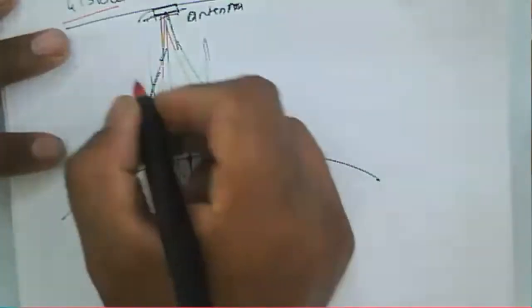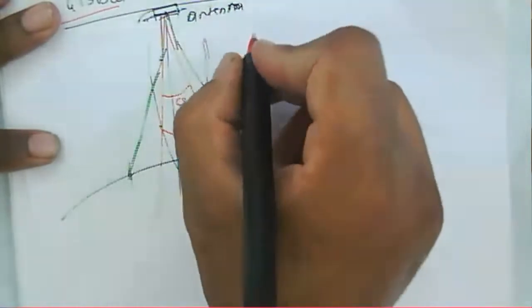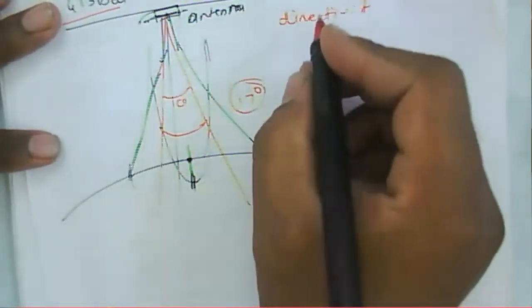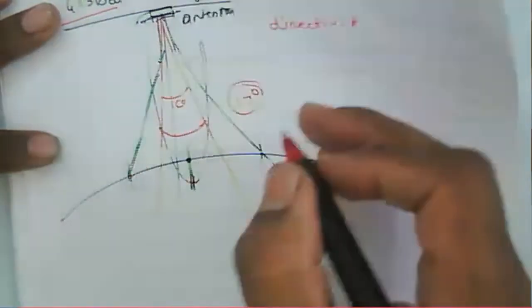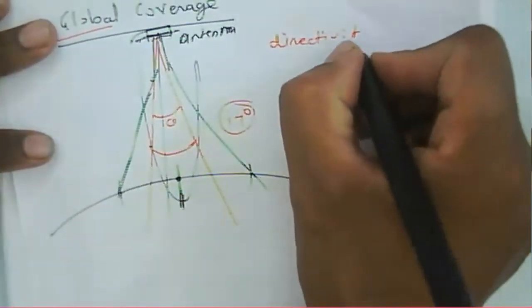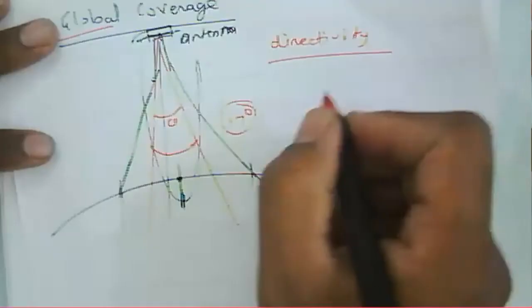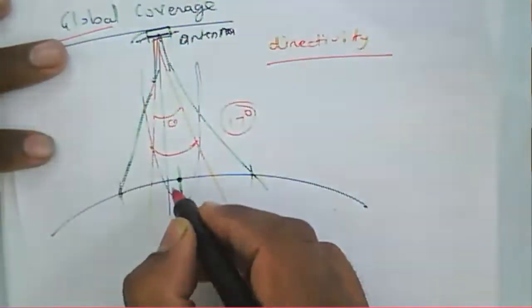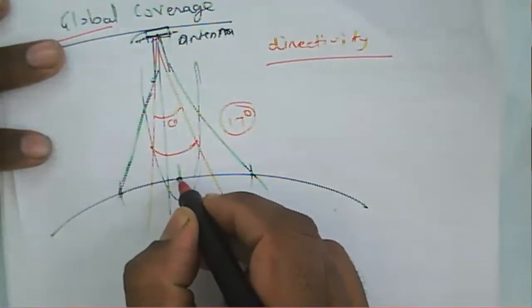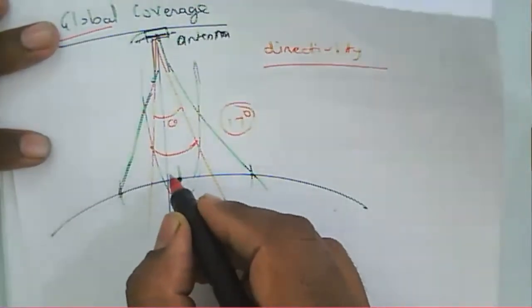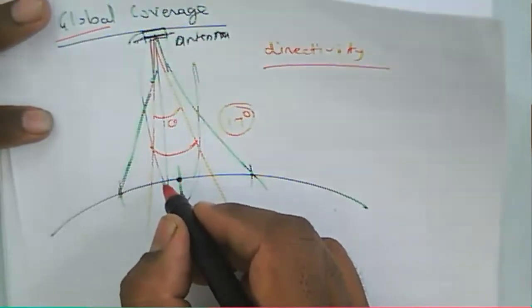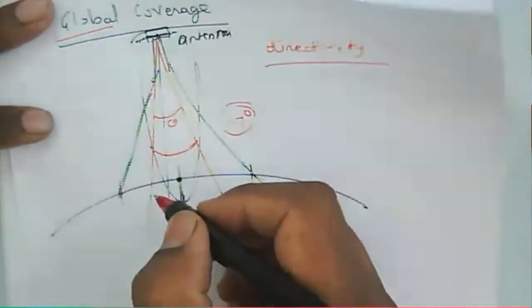Then again, this is about directivity, the maximum power delivered in a given particular direction. When the antenna is vertical, at that center point we are getting the maximum gain, or maximum output.